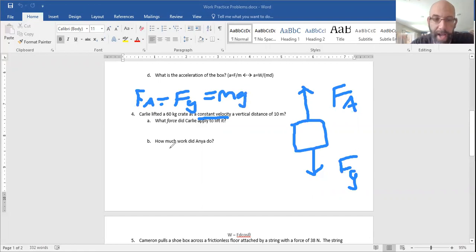So how much work, and this should not say Anaya because the problem is not about Anaya, it's about Carly here. Sorry, can't read. So we would find out how much work. So work is force times distance, but instead of using force, we know it's FA, we can plug in mg. So mg times distance.